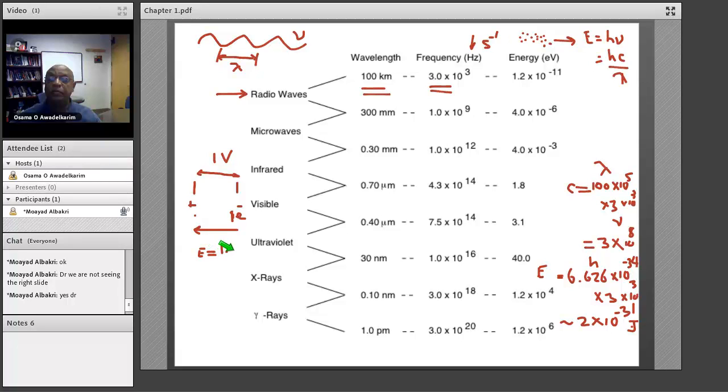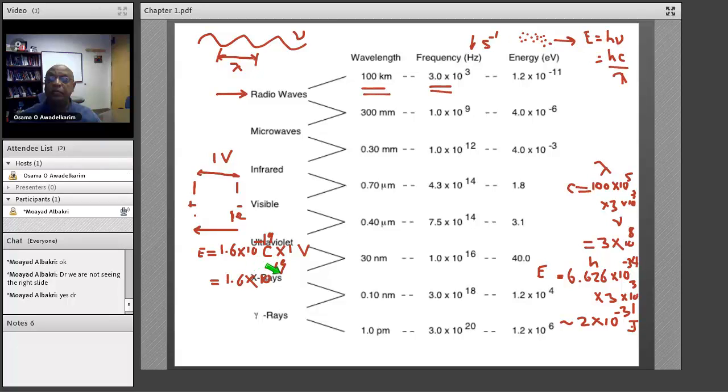1.6 times 10 to minus 19 coulomb, which is the charge, okay, times 1 volt. So this energy would be 1.6 times 10 to minus 19 joule.